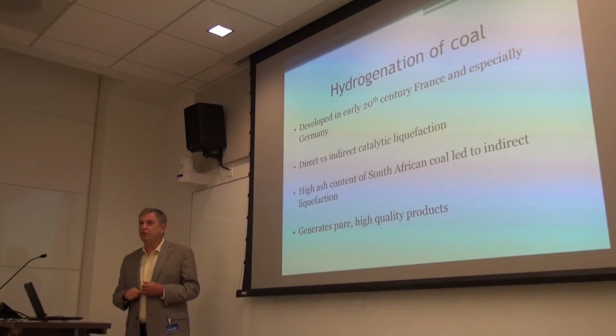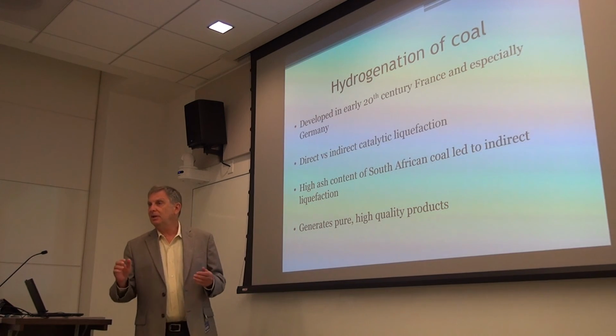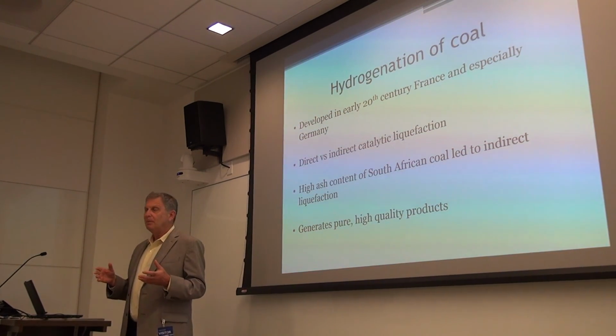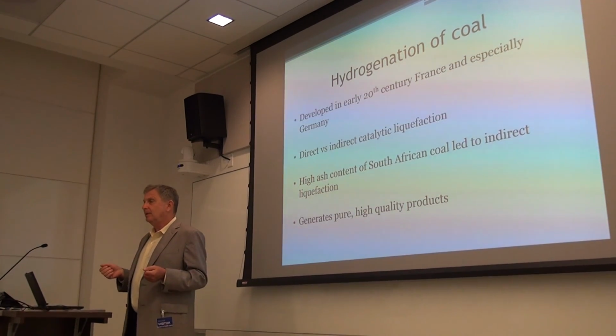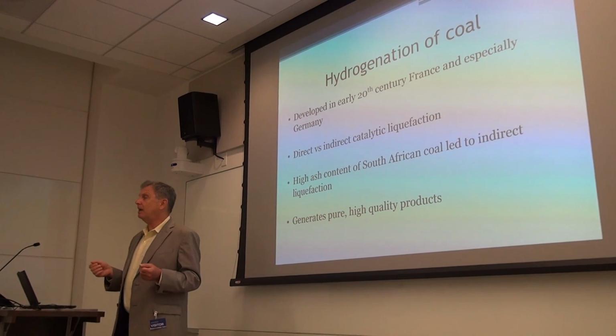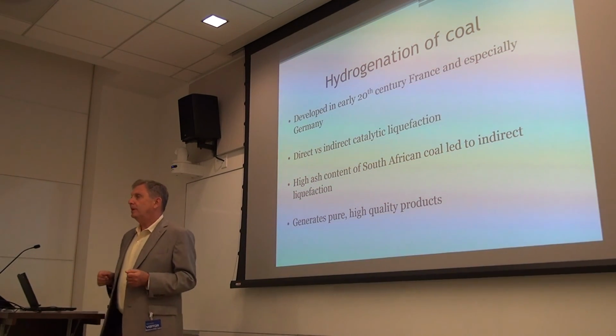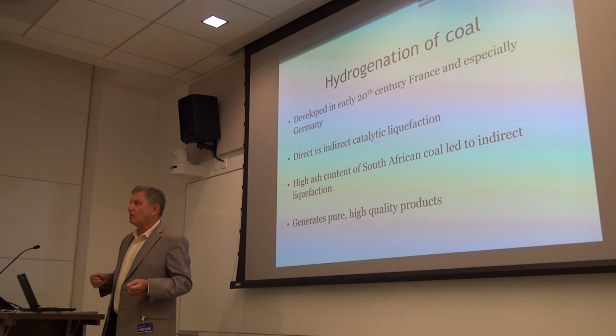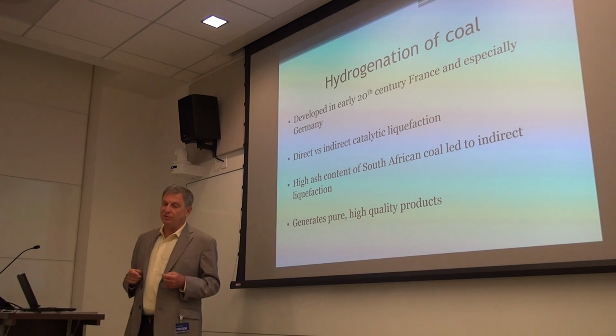The second way in which you do this is called indirect liquefaction. And what indirect liquefaction does is you start out with the coal and you first gasify it. One of the things about coal is it tends to be mixed with inorganic material, just real estate. In fact, southern hemisphere coals tend to have much more ash, as they call it, the inorganic component, than northern hemisphere coals.